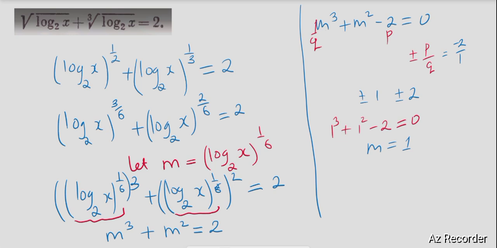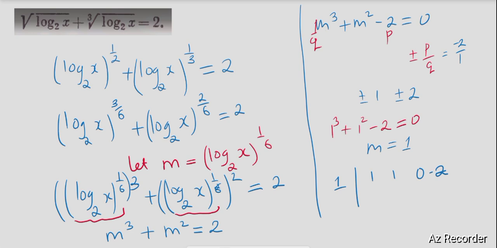So we write the factor that we already have here, m as 1, and then we are going to write the coefficients. The first coefficient here for m cubed is 1. The coefficient for m squared is 1. We do not have m, which means the coefficient is just 0, and the constant is negative 2.